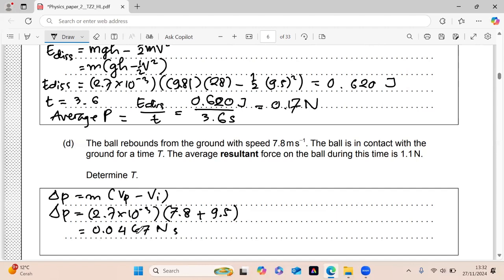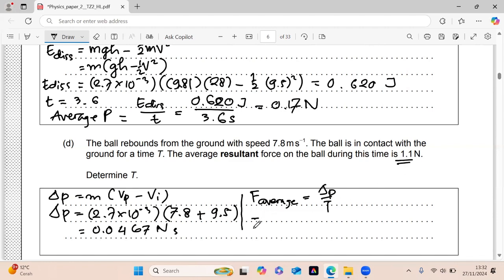According to the impulse momentum theorem, the average force equals delta P over T. The average force is this one, 1.1.